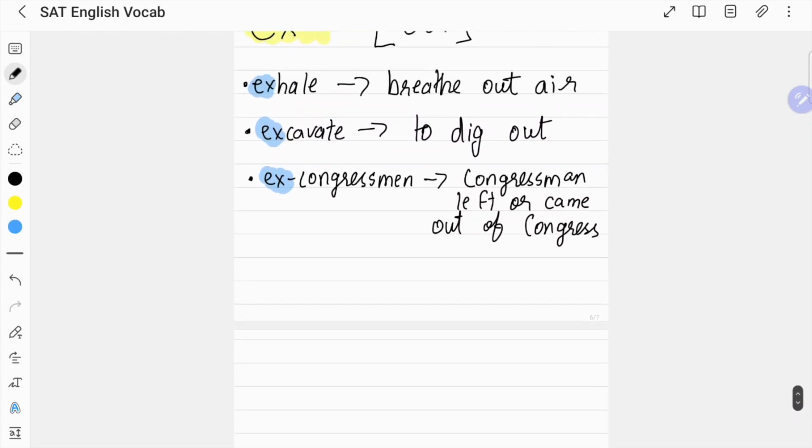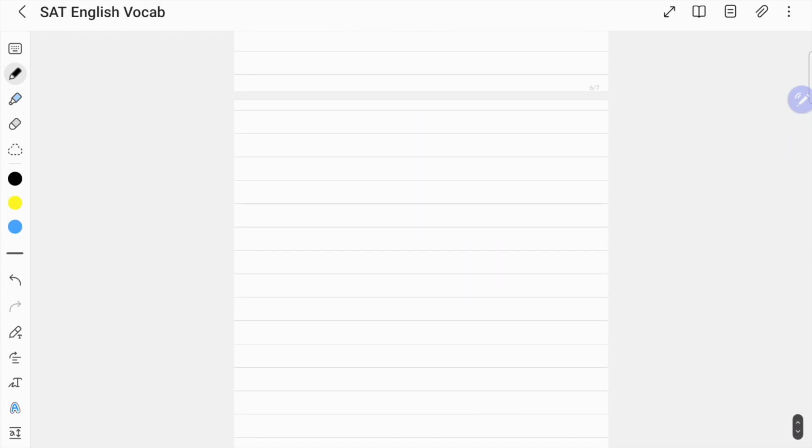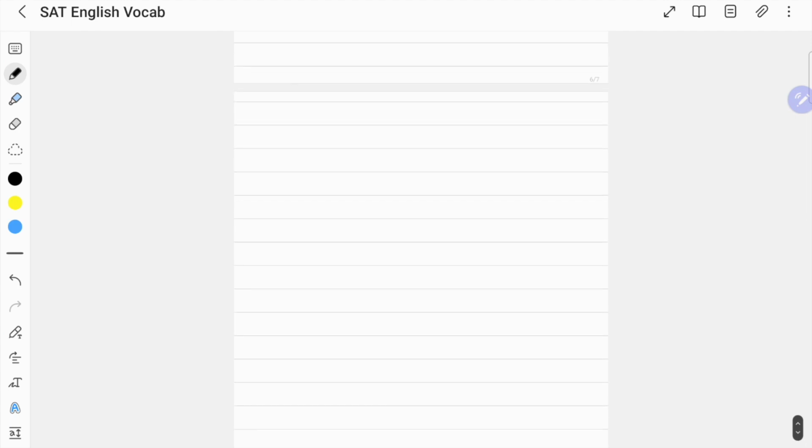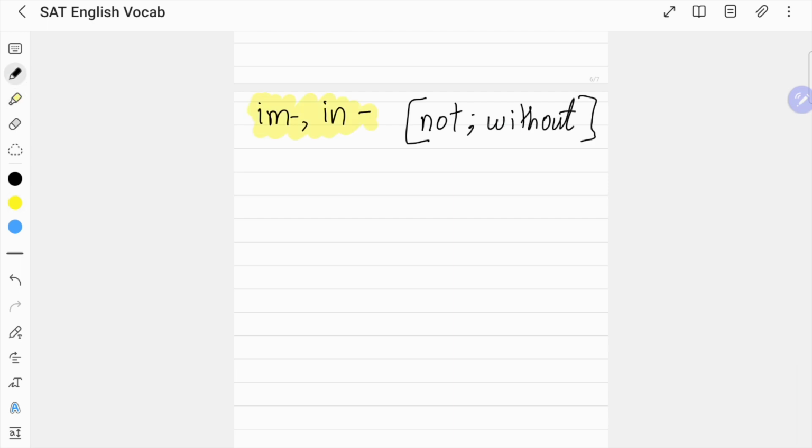Alright, next we can use, I'll move to the next page. Next we can use is M or N, which means not or can mean without. Alright, here we can use the word impossible, which means impossible.